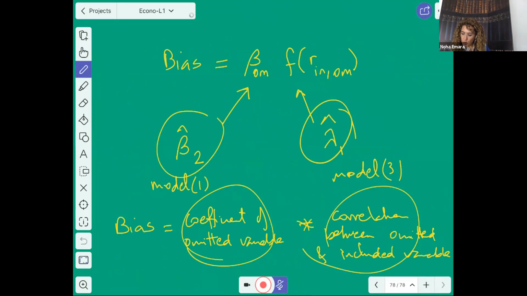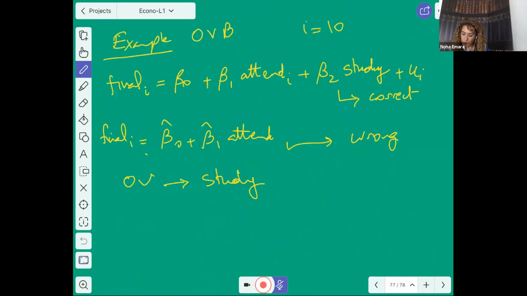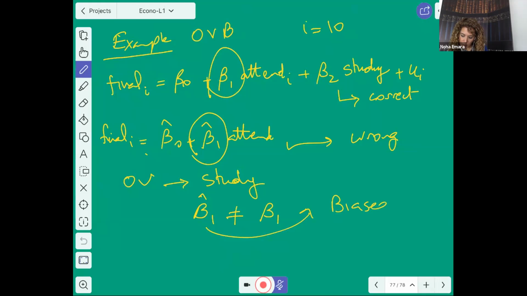So we need to figure out how this is related to our example. We need to figure out the direction of the bias. Of course, beta hat 1 is not the same as beta 1. So beta hat 1 is biased. Why? Because it includes the impact of the variable I forgot.